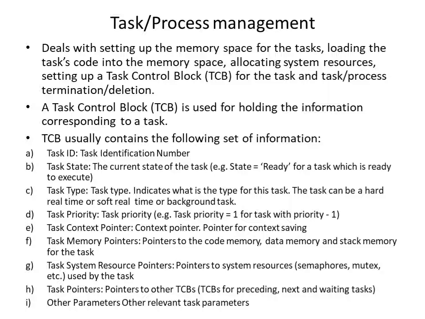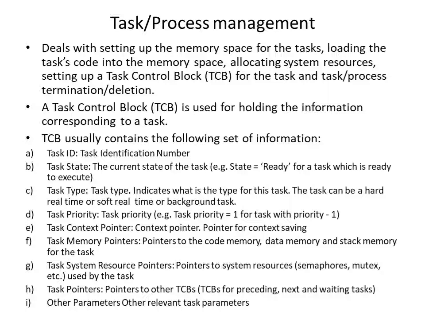These pointers point to the system resources like semaphores, mutex, etc., which are actually used by the task. Only with respect to that particular task, for the system resources being used, we have the pointers. Other parameters can store other relevant task parameters.